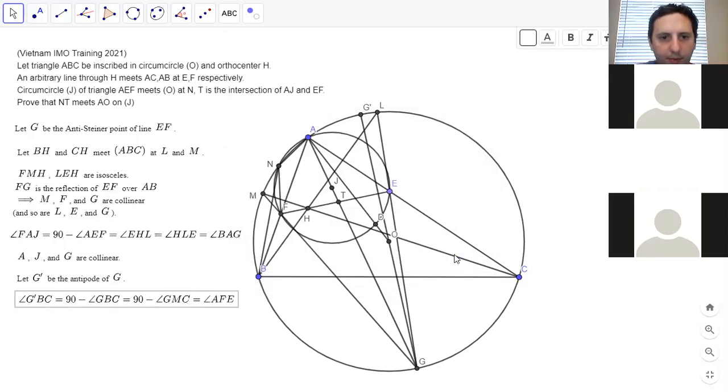And so if that's true, then similarly G prime CB is AEF.